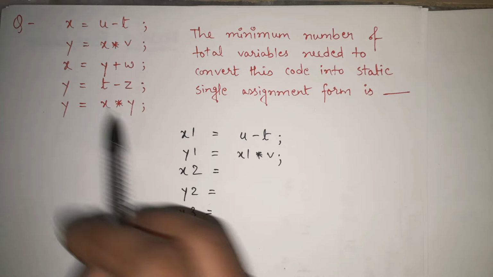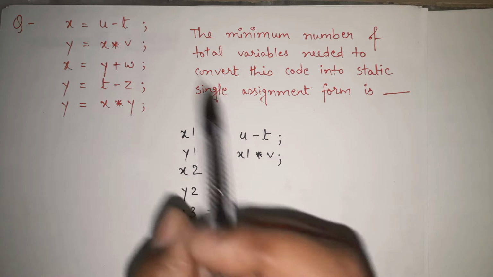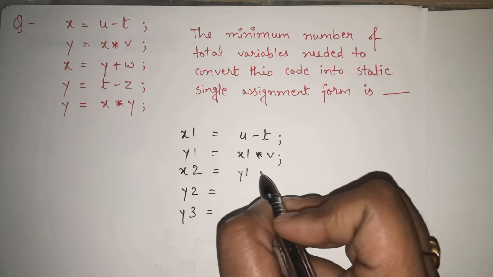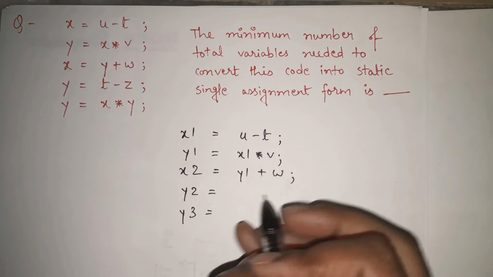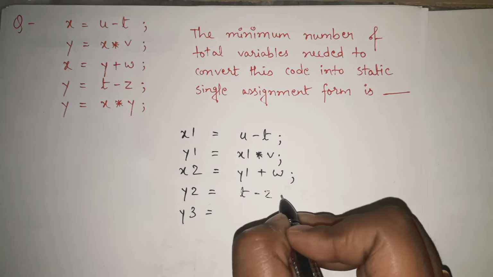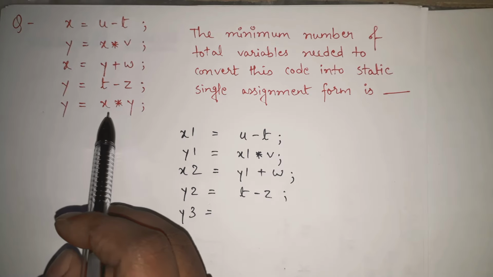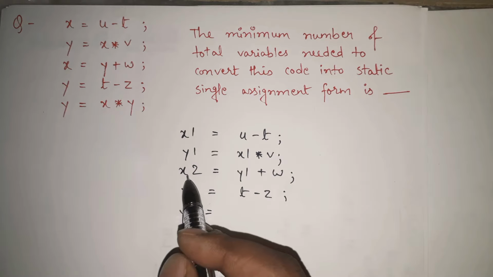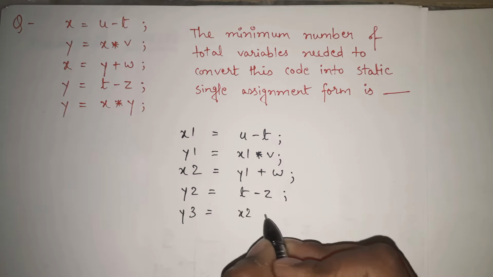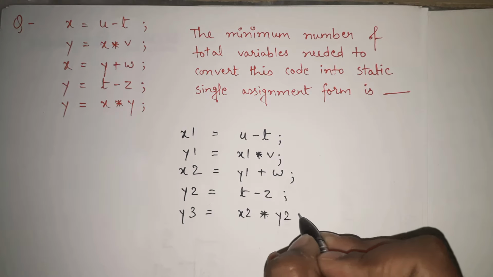This X2 is equal to Y plus W, but this Y is now my Y1, so Y1 plus W. Y is T minus Z, so T minus Z stays as it is, and Y is equal to X into Y, but now the last updated X is X2, and the last updated Y is Y2.